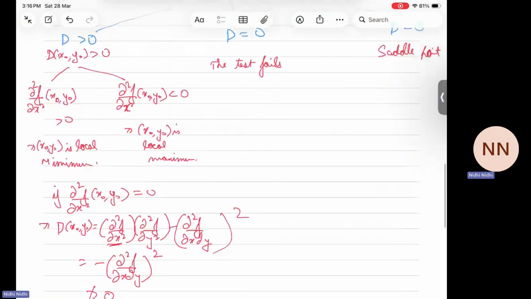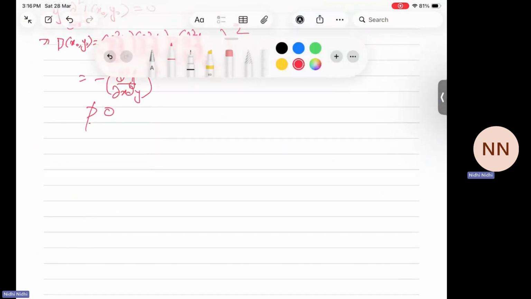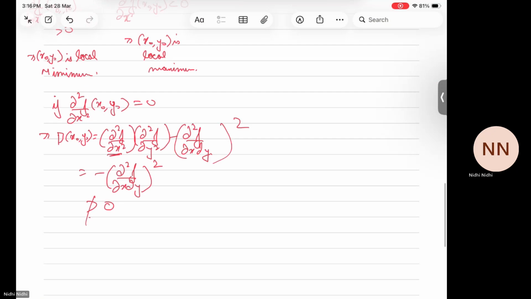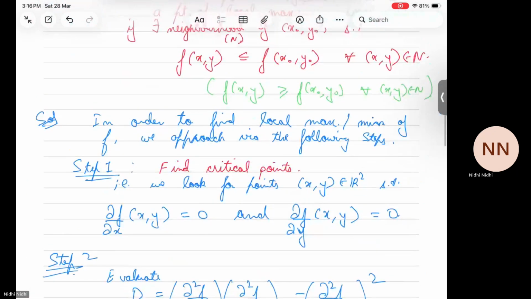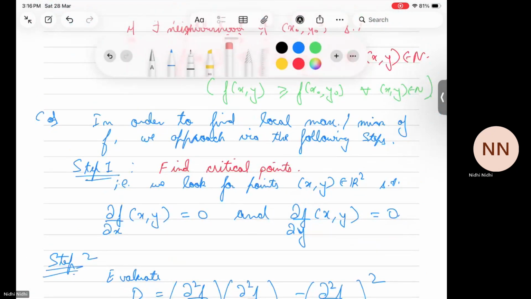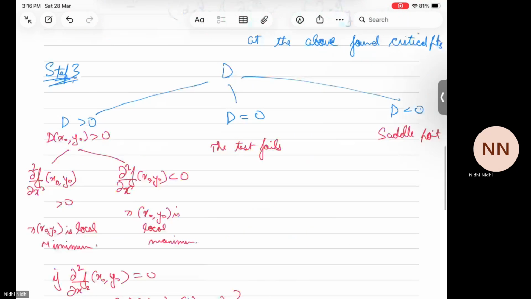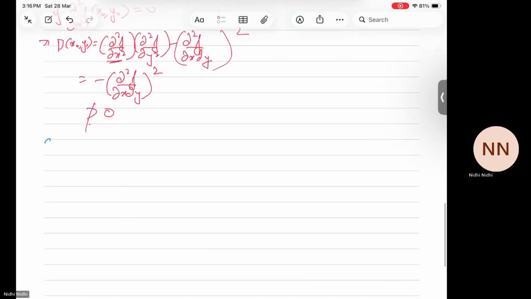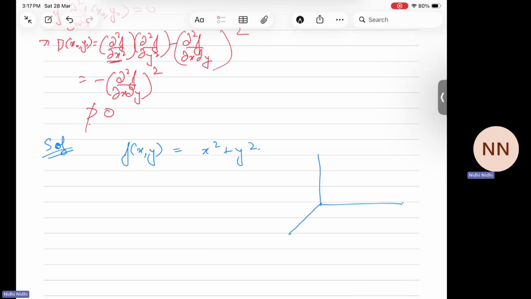So, let's start with the solution. We are given our function f(x,y) is equal to x square plus y square. So, if you want to plot this function, you have z equals to x square plus y square.